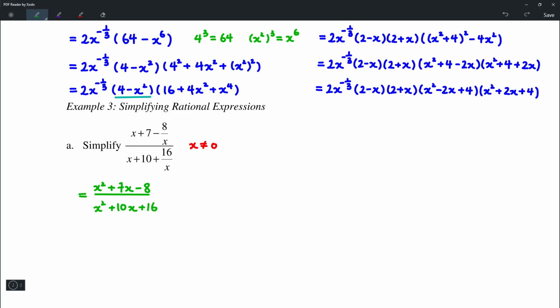So here what we can do is factor both the numerator and denominator. So the numerator factors to be x plus 8, x minus 1, sorry about that. And then the denominator would be x plus 8 and also x plus 2.